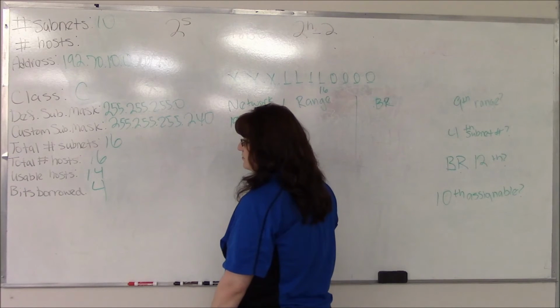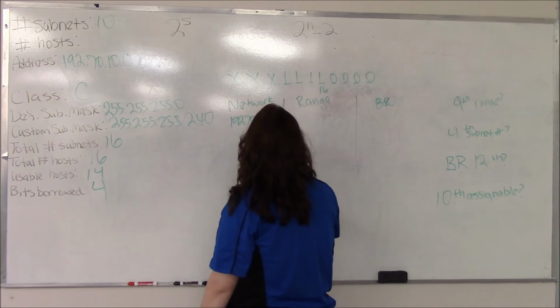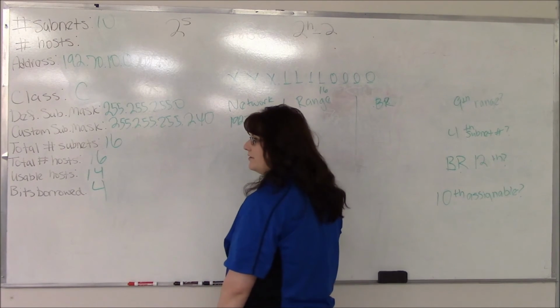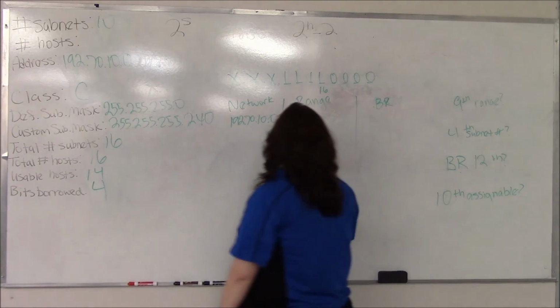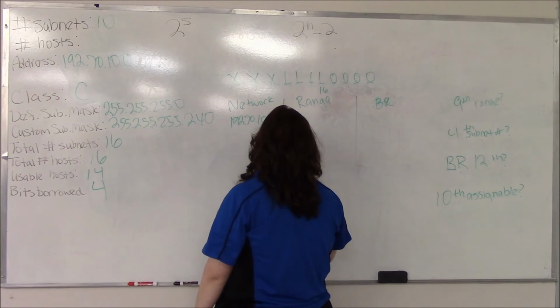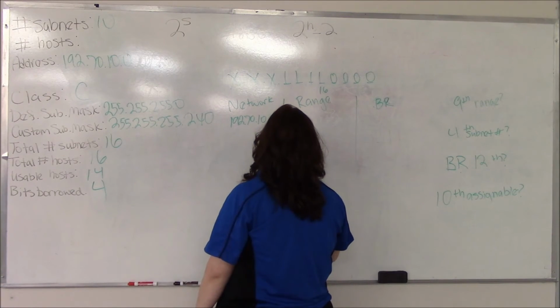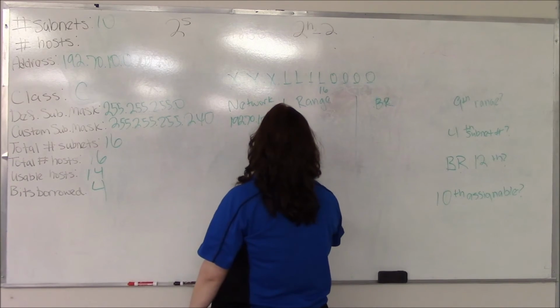Rosie, help me out. 96, then 96 and 16 is 112, 128, 144, 160, 1, 2, 3, 4, 5, 6, 7, 8, 9.